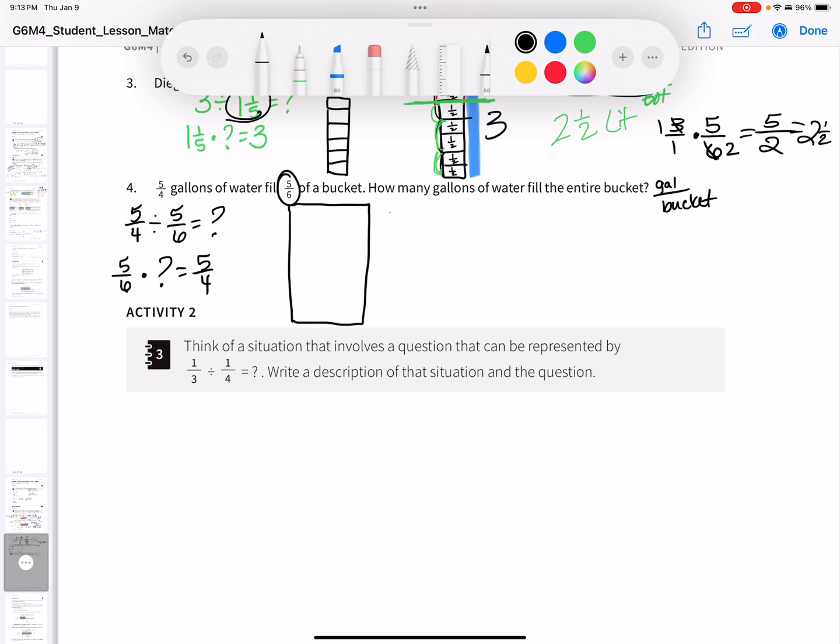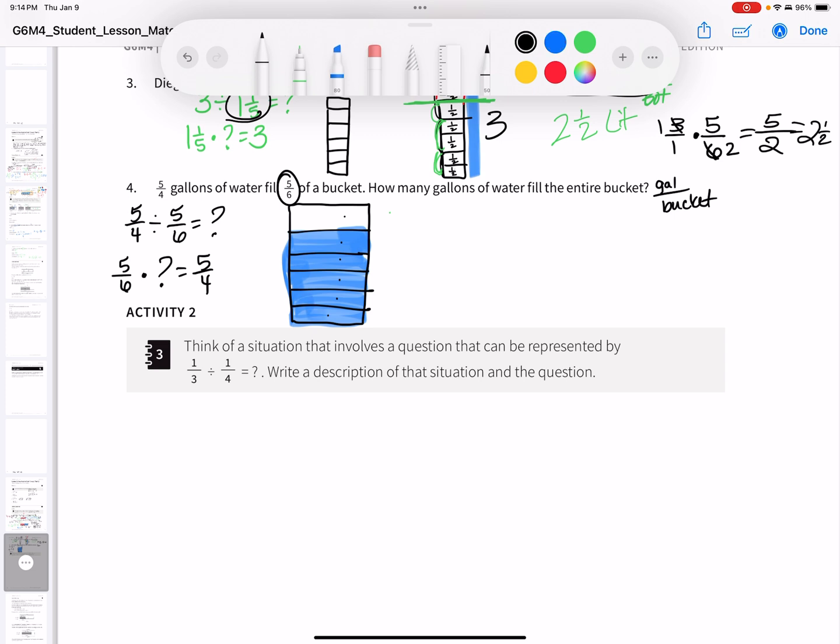Okay, so we have our bucket. So we have 1, 2, 3, 4, 5, 6. So that gets us 6. We split our bucket into 6/6 because that's one whole. But only 5/6 of the bucket is filled with water. So only that much is filled with water.